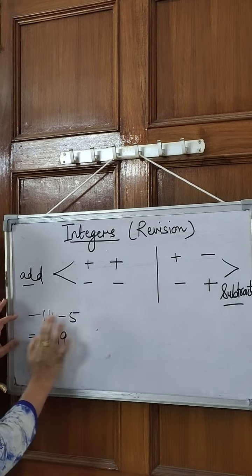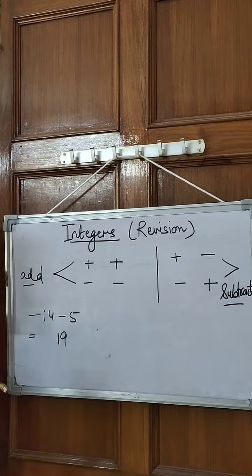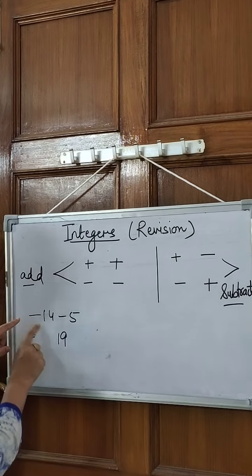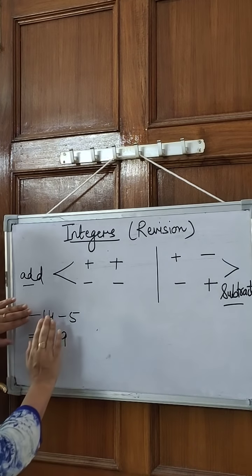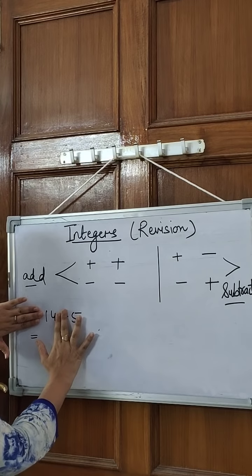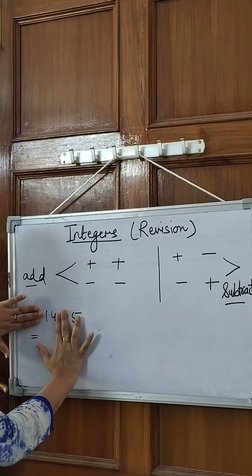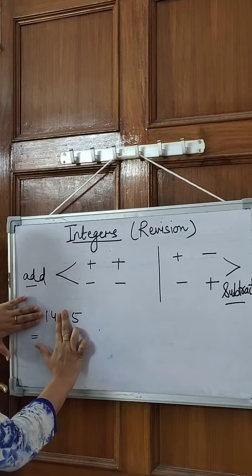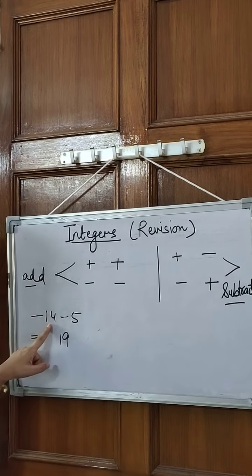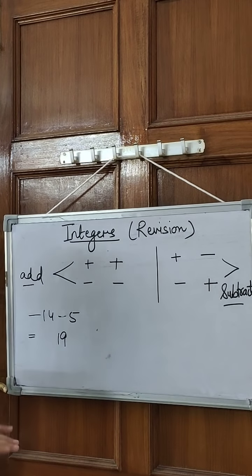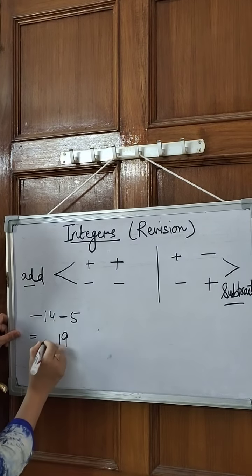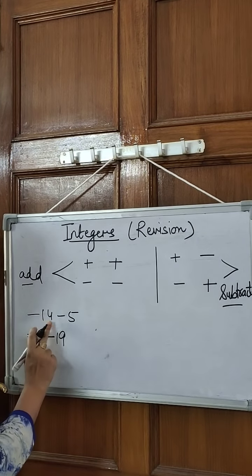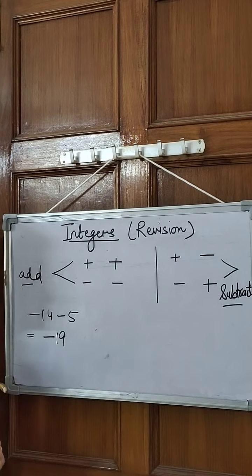If I see these two numbers, 14 and 5, when I say we put the sign of the bigger number, we don't see the signs right now, we only see the numbers. Out of 14 and 5, which number is greater? 14 is greater, and the sign along with 14 is minus. So my answer is also negative. When I add minus 14 and minus 5, the answer is minus 19.